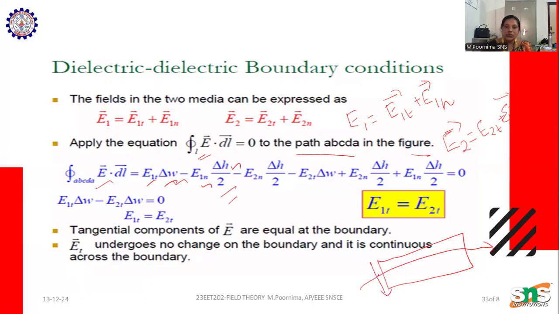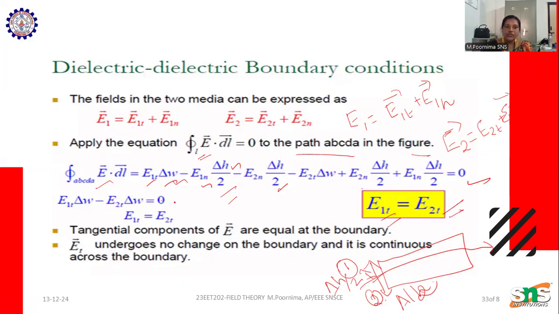Because this is the total height, but half the height is in surface 1 and half the height is in surface 2. So we divide this height as del h by 2 here and del h by 2 there, and the same thing repeats here. We know that Et1 is equal to Et2.